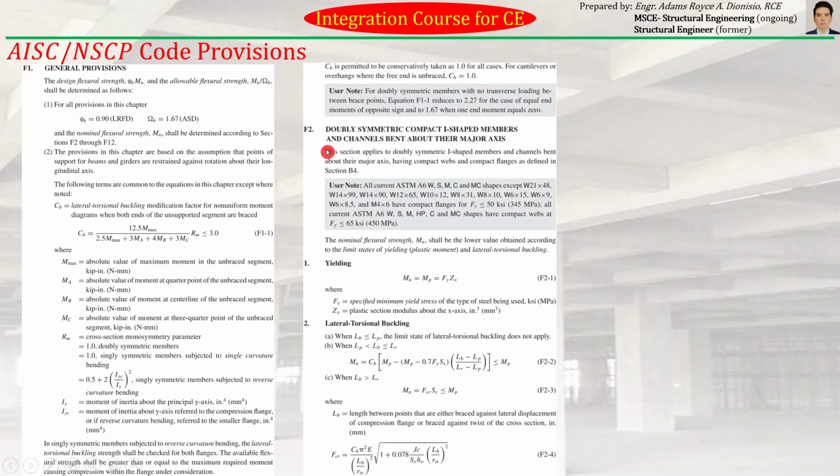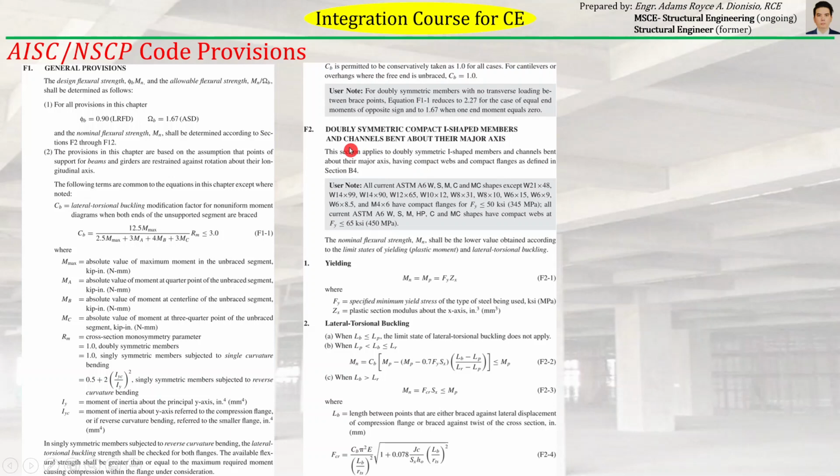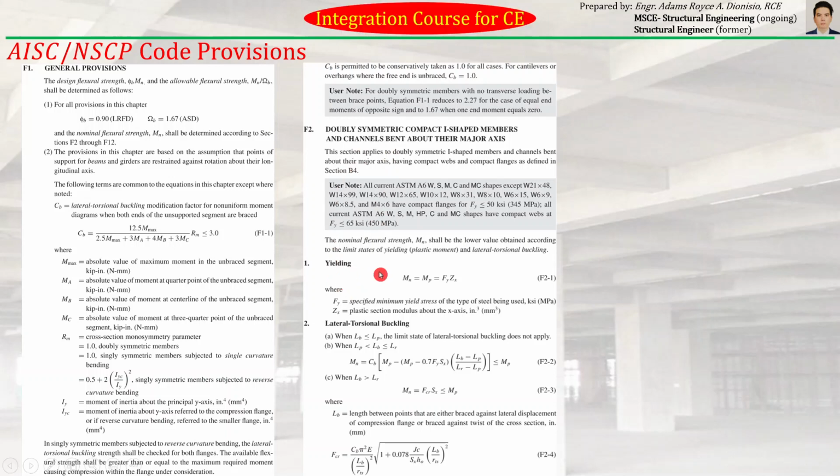And then F2, this is what we use for checking, or for analysis and design, of common beams or flexural members. Here you will see the limit states that you often check for the analysis and design of flexural members, starting with yielding. When yielding is the limit state we check, usually we look for the plastic moment, which is just equal to FyZx, where Zx is the plastic section modulus about the x-axis.